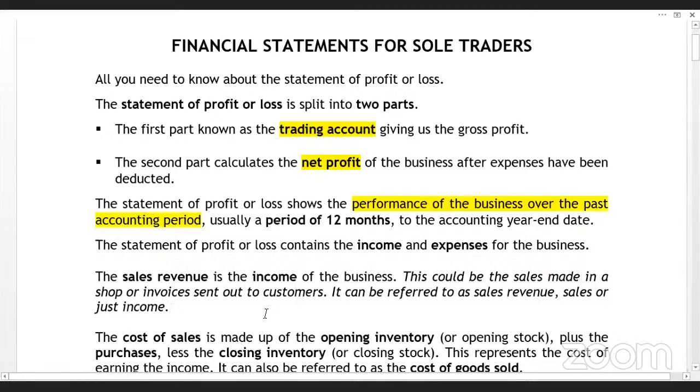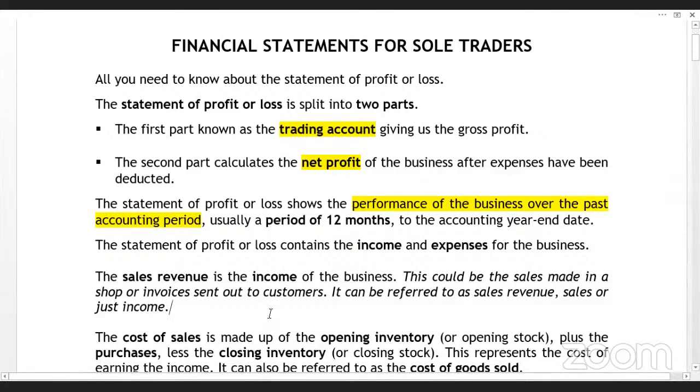Sometimes you find sales revenue, in some scenarios you may find sales, and in some other scenarios you find incomes. So you've sold your goods and you've received the cash, which we refer to as the sales revenue, which is the income to the business.